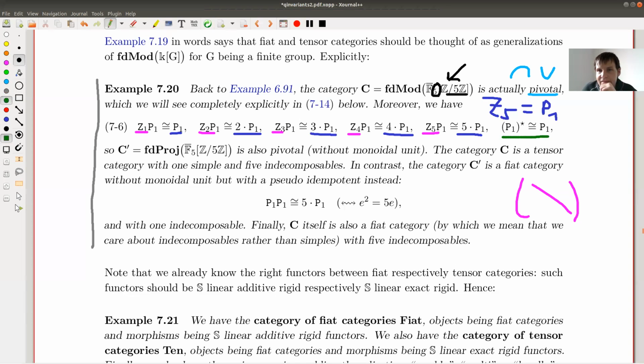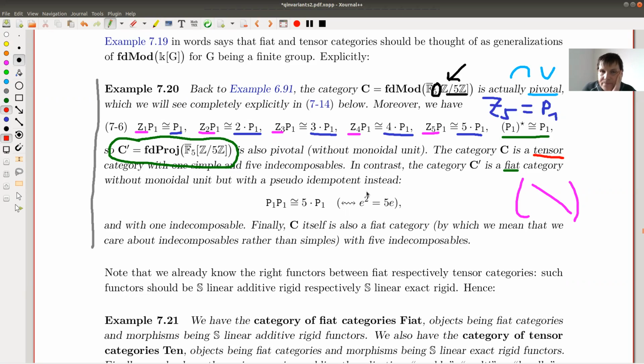And the projective is actually self-dual, which means that this thing, C prime, is actually a Fiat category, while C itself is a tensor category.